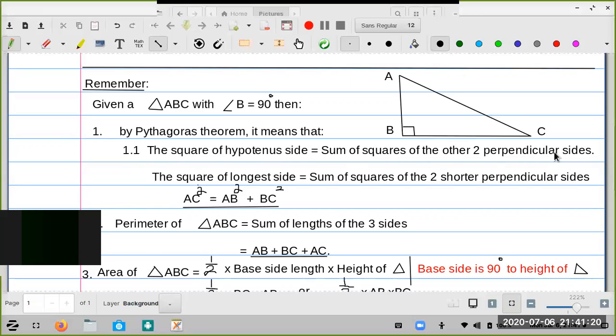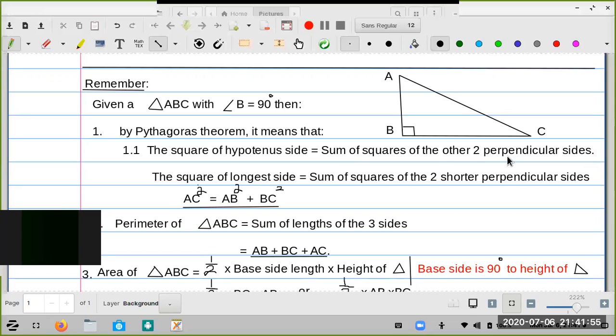In this case, I included the word perpendicular here purposefully, as a reminder that Pythagoras theorem is very, very important, especially if we are dealing with a right-angled triangle. We shall make use of this Pythagoras theorem a lot in mathematics, right?